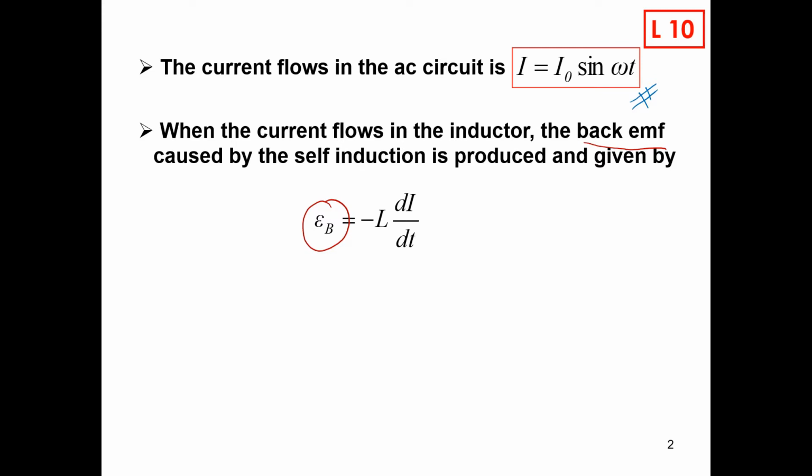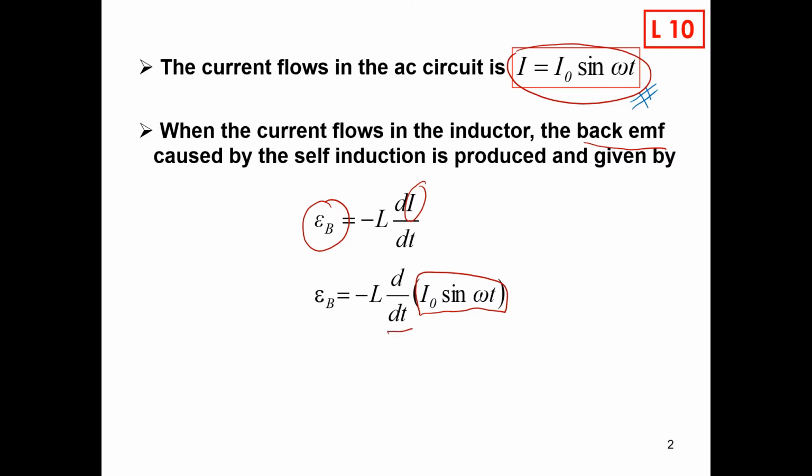Since I is equal to I0 sine omega t, we substitute: back EMF equals negative L d over dt of I0 sine omega t. Here we differentiate the current with respect to t, and then we get the back EMF equal to negative L I0 omega cos omega t.